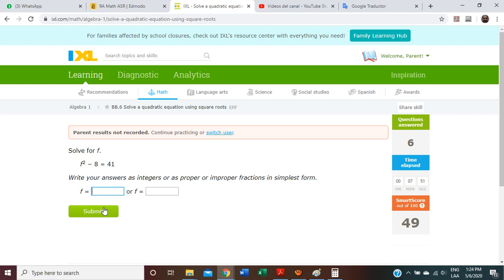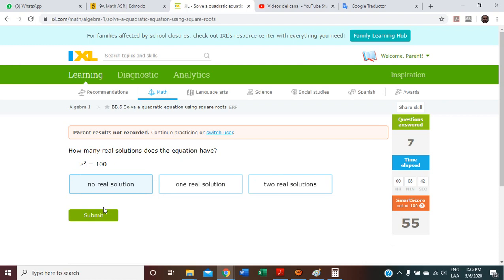Let me check if there are any other a little bit complicated ones. Okay, I found also this problem. It is pretty simple. The square root of 100 equals 10. They are asking you if there is no real solution, or one real solution, or two real solutions.